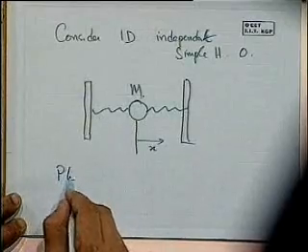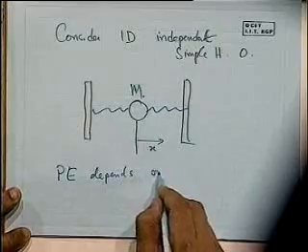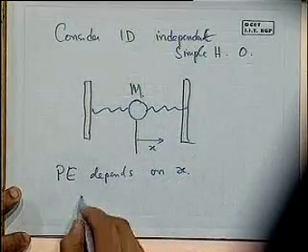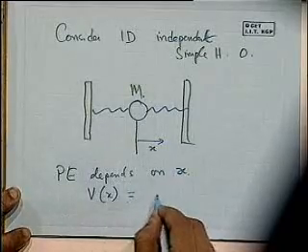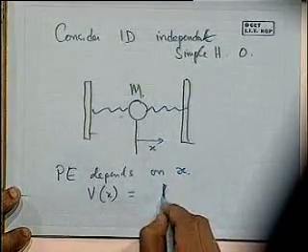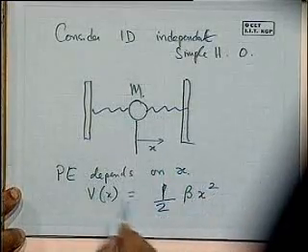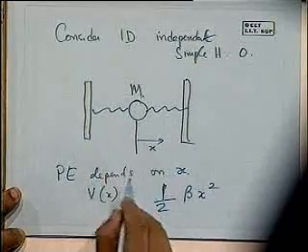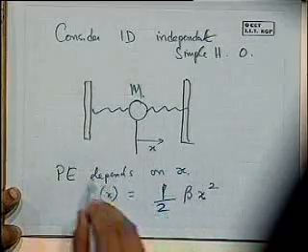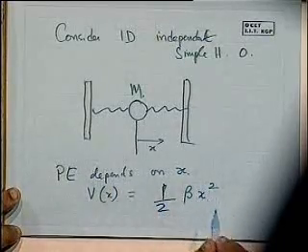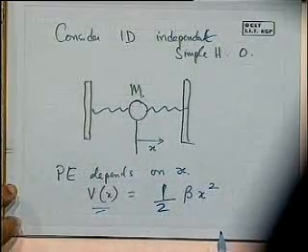Obviously, the potential energy depends on x. And so we may write that the potential V as a function of x is given by half beta x squared for small displacements, using the idea of a spring, and we are having elastic motion back and forth.